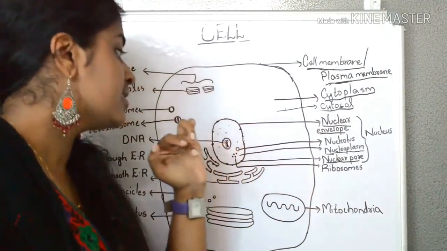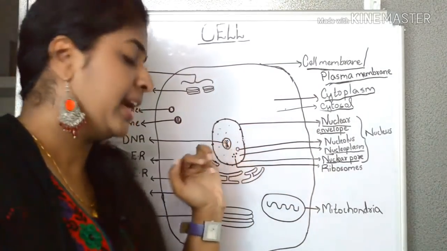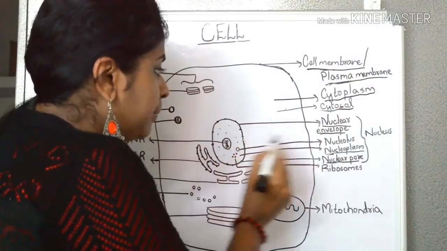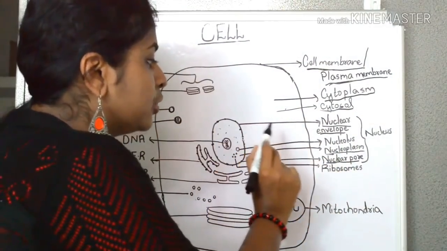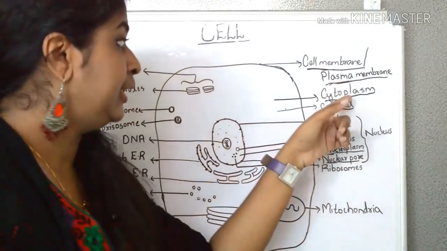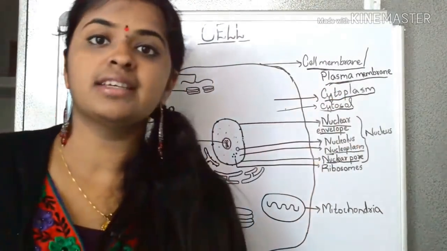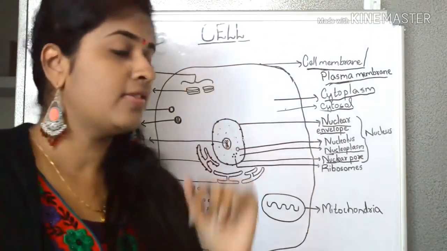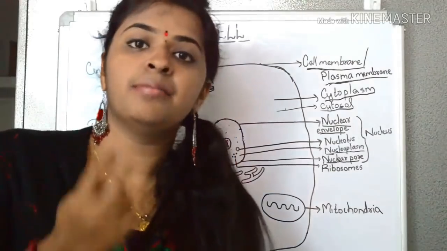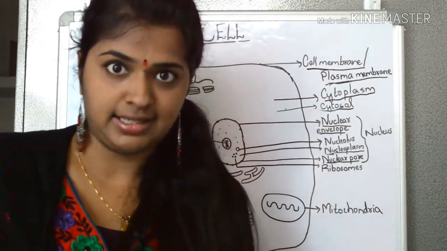Like if some nutrients are made inside the nucleus, they will be carried with the help of this nucleoplasm to the outside of the nucleus. Same like cytoplasm, it will help in the floating of substances and the carrying of particles which have been made by the cellular organelles.